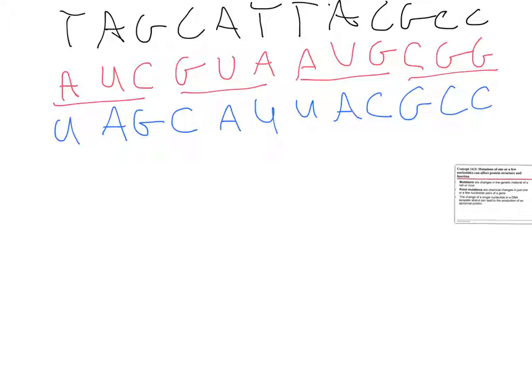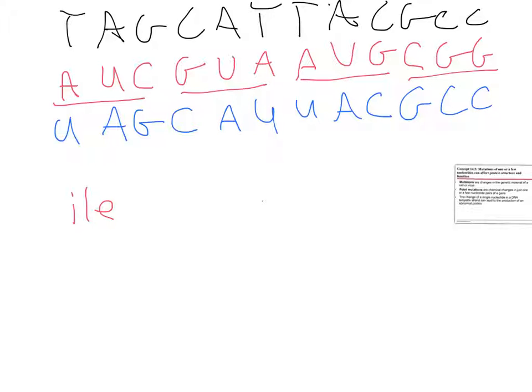So AUC, when you get it, is which codon? Which codes for which amino acid? So this is isoleucine, ILE. All right, which is GUA? Alanine, ALA. What? Valine, all right.